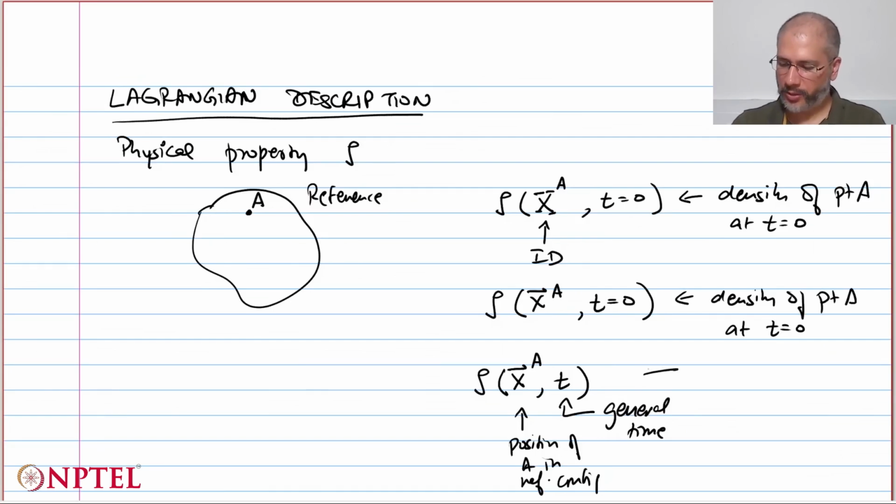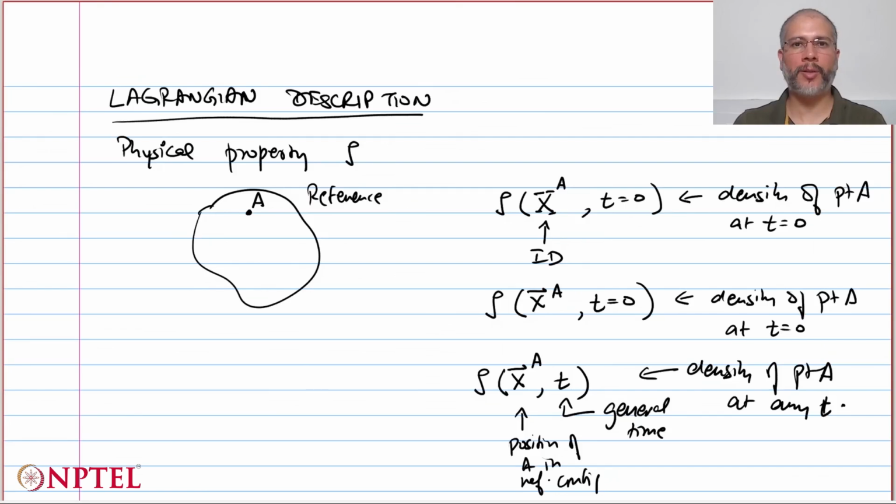So this is the density of the point A at any time t. So this is very interesting because using capital X to identify a particle uniquely in the body, and now we are passing the variable time as well, we are able to track the density of this particle A over time.